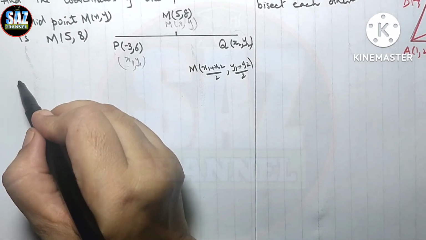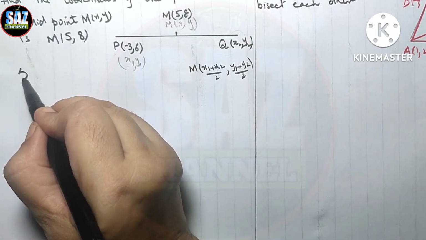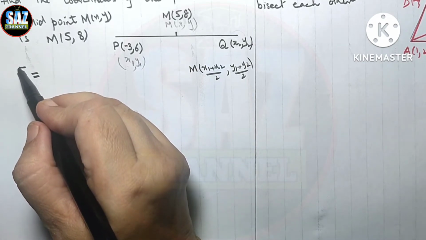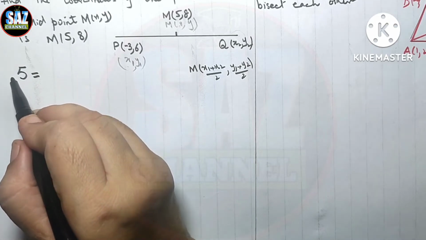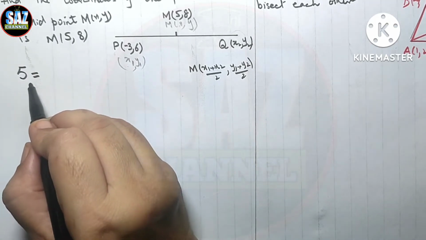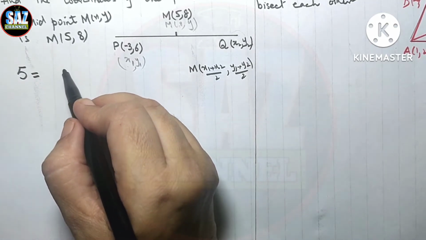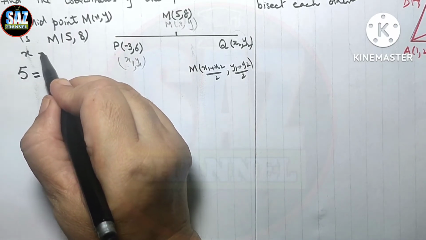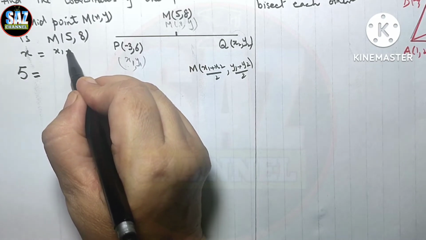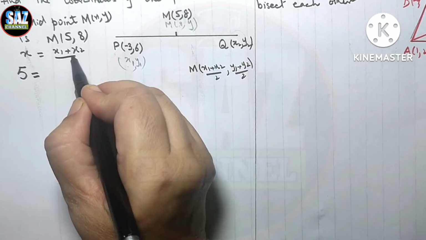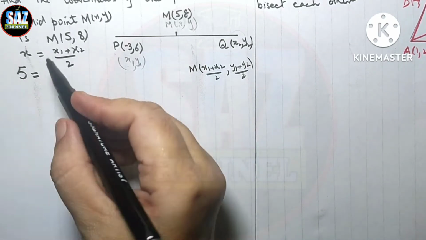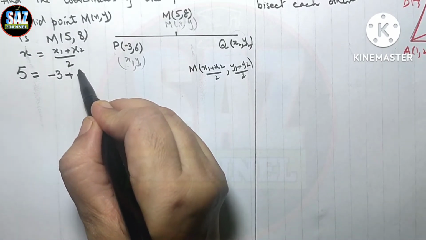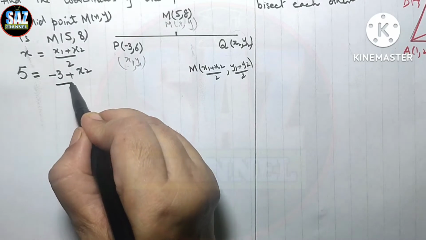Now this 5 will be equated, students, by what? This is the x value of the midpoint. So it has to be equated with, first let me write the formula at the top, x equals (x1 + x2)/2, and now x is 5 and x1 is -3 plus x2, which we do not know, upon 2.